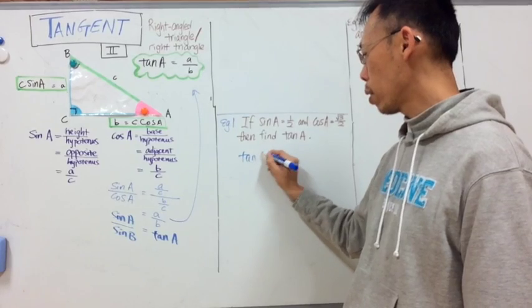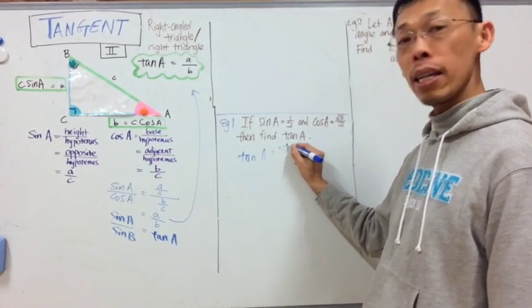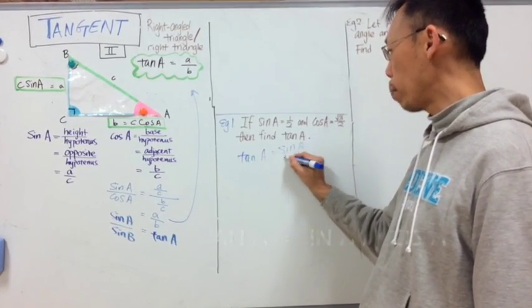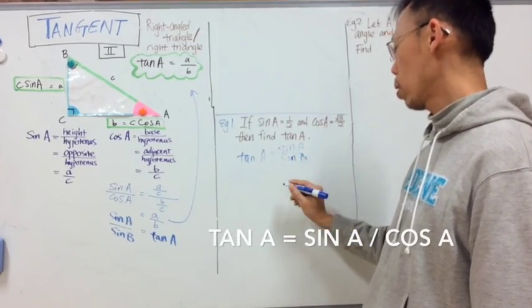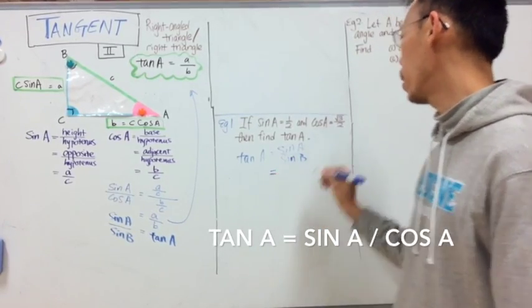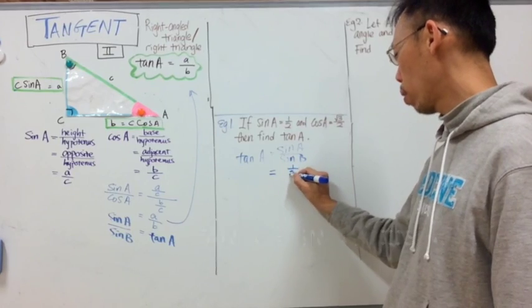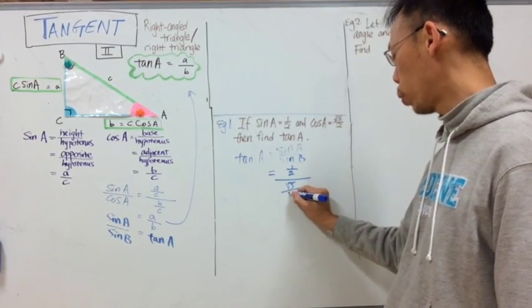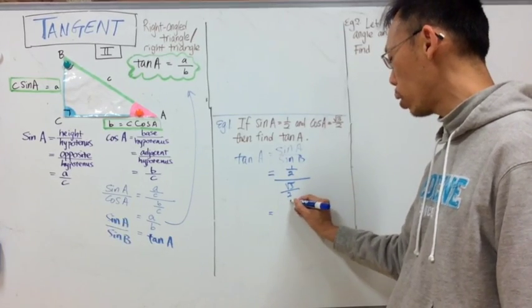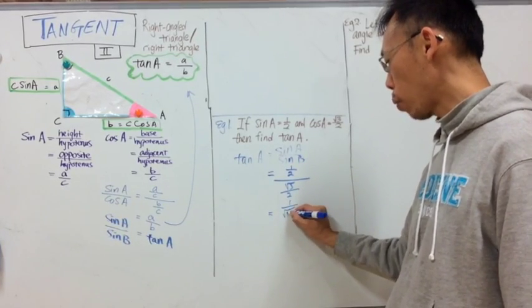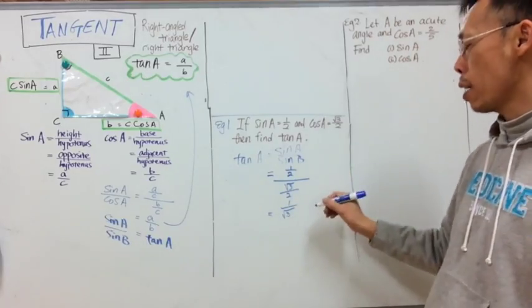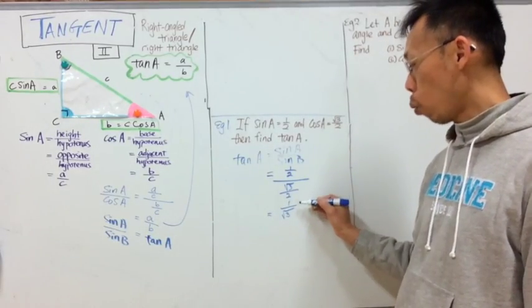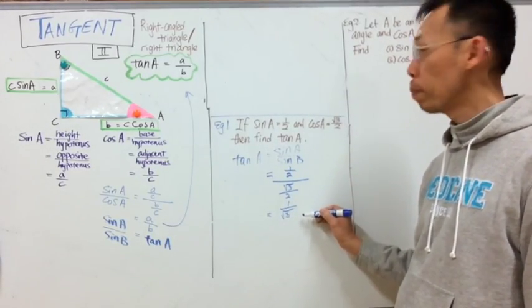Tangent A is equal to sine A over cosine A, which is 1 over 2 over square root of 3 over 2. After simplification, this is 1 over square root of 3.